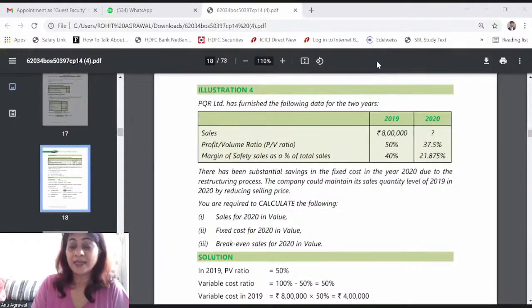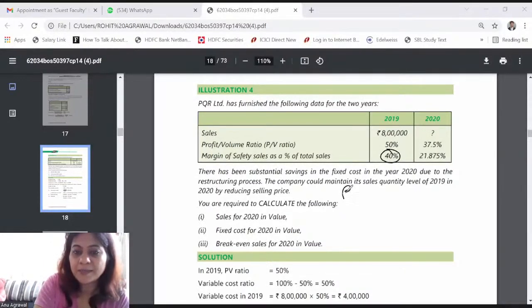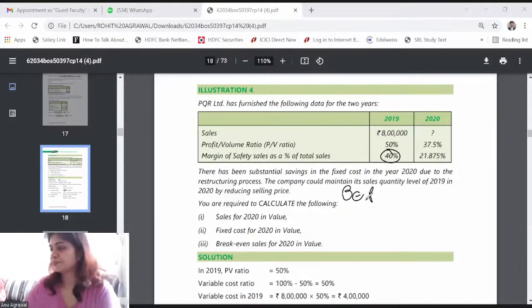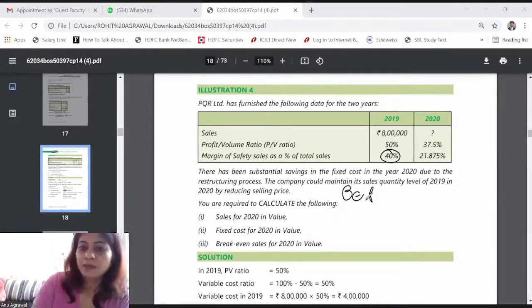Either I have done a calculation. Sorry. 40%, that means my break-even sales should be 60%, yes or no?